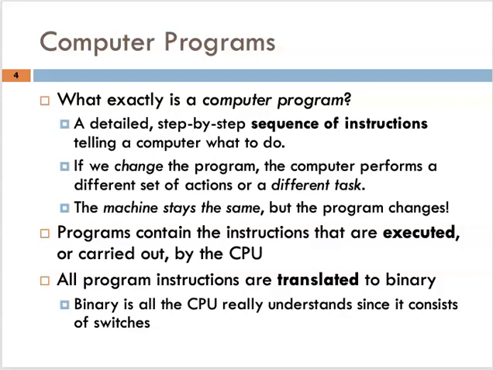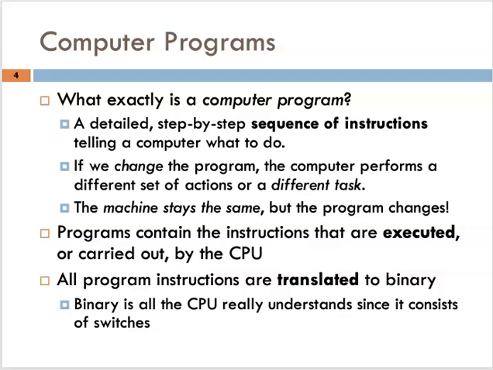So the program is specific for the task that you want to handle. And if you change the program, you change the task that you do or handle. The machine stays the same, but the program changes.